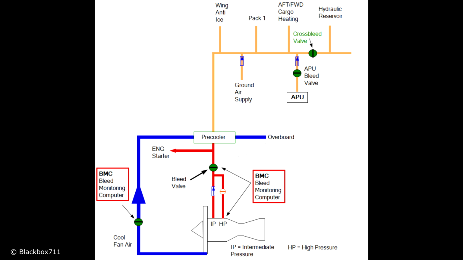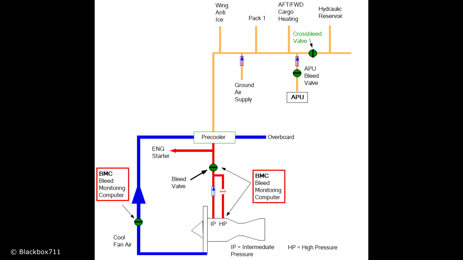Now, bleed air coming out of the engine is very highly compressed, and so as physics has it, if you compress air by a great deal, then it becomes very, very hot. Usually you will have temperatures exceeding 300 degrees Celsius. And so this hot air has to be pre-cooled in order to be used by the different systems.